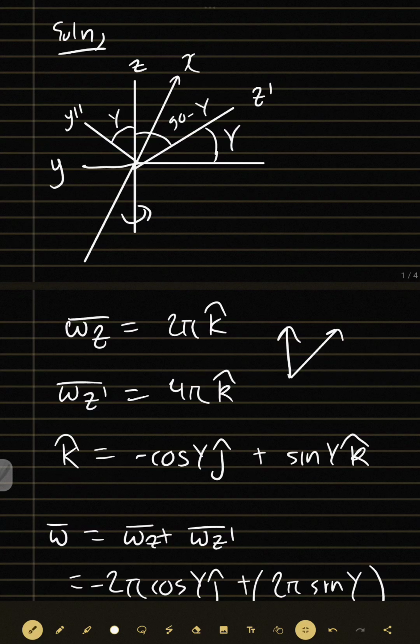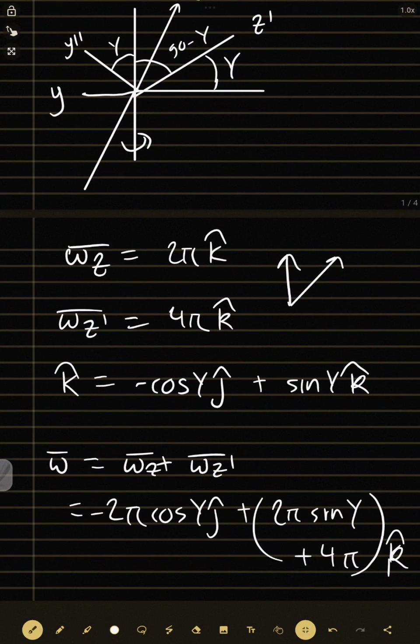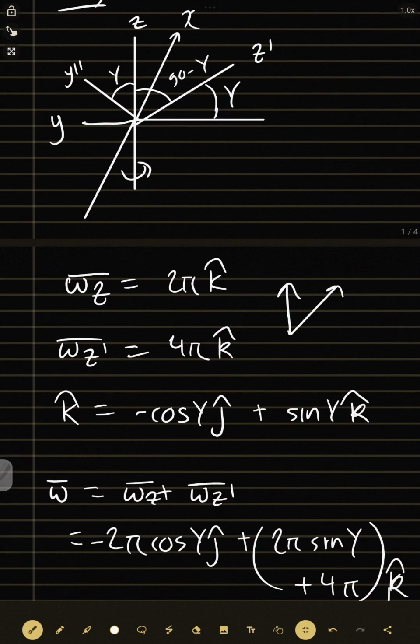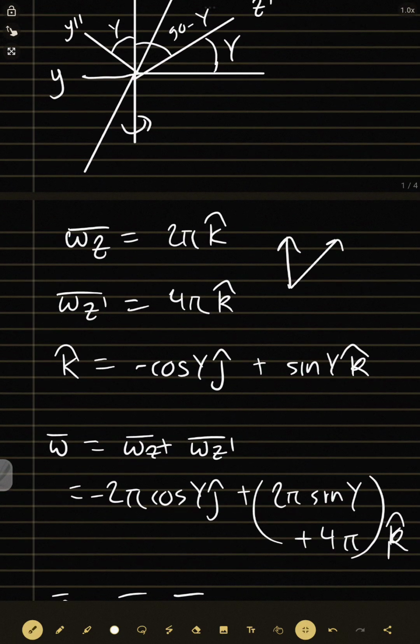No, this is capital K. This is capital K. So you should convert the omega vector to a particular coordinate system. One given coordinate system is x, y and z. So you can convert capital K. So this is capital K vector.